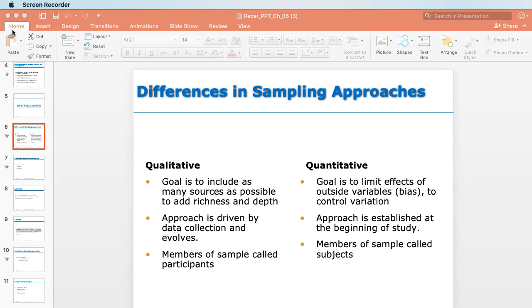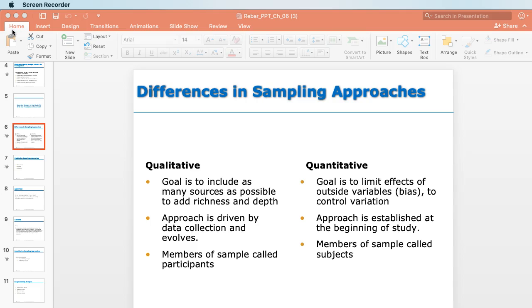So in talking about sampling, as noted, there is a difference between how sampling is approached in qualitative versus quantitative research. And that's because it's looking for very different information. So in qualitative research, the researcher is looking for deep information and deep understanding of a particular concept.